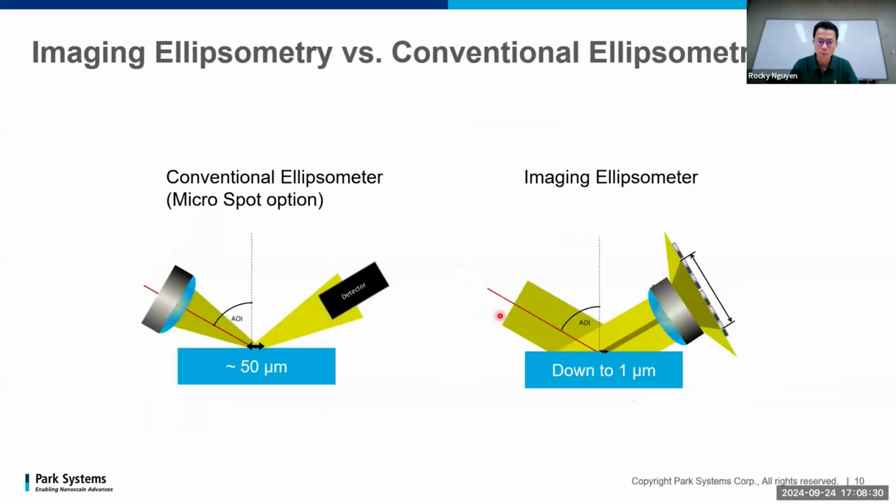Let's take a quick comparison with the conventional ellipsometry technique. If you use a conventional ellipsometer, even with a very high-end microspot option, we can reach about 50 microns lateral resolution. And if we use imaging ellipsometry, we can go all the way down to 1 micron in lateral resolution. So we can see much smaller features on the sample surface.